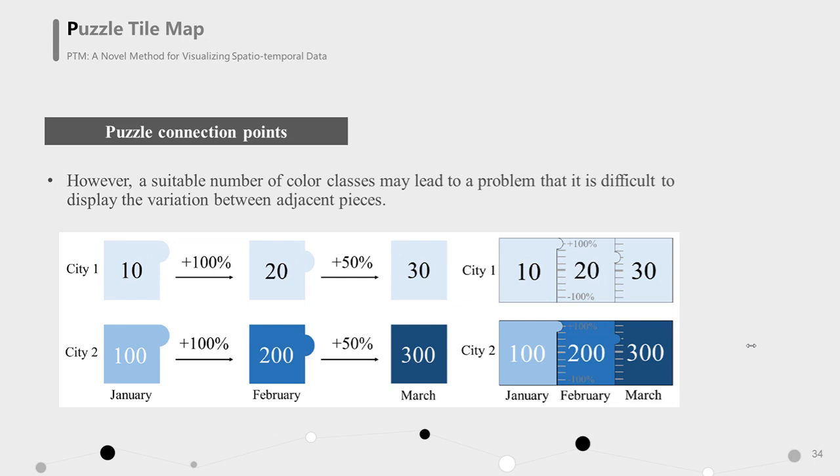If the data quantity in the current piece is greater than that in the previous piece, the piece connection pattern will be located closer to the inner boundary. The locations of the piece connection patterns allow users to observe the change rate of data quantities between 2 adjacent puzzle pieces.